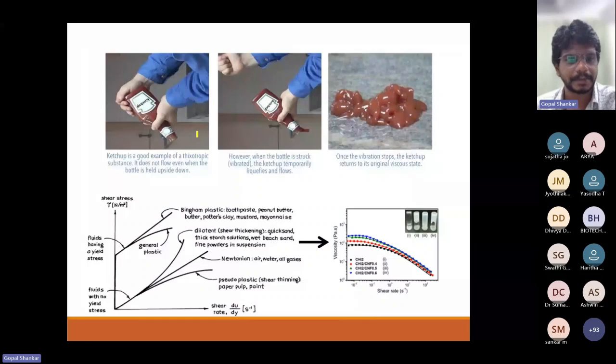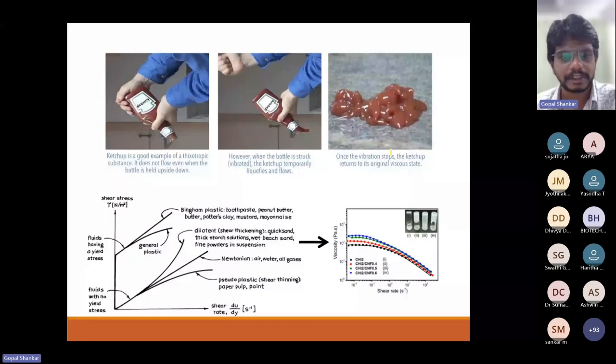You see here, you have ketchup, and ketchup is a simple example of the thixotropic property. It does not flow, even though you tilt the bottle. But when you apply some kind of force, the sauce comes out of the bottle. So this is the basic thixotropic behavior of a typical sauce. The same thing happens in your body fluids.